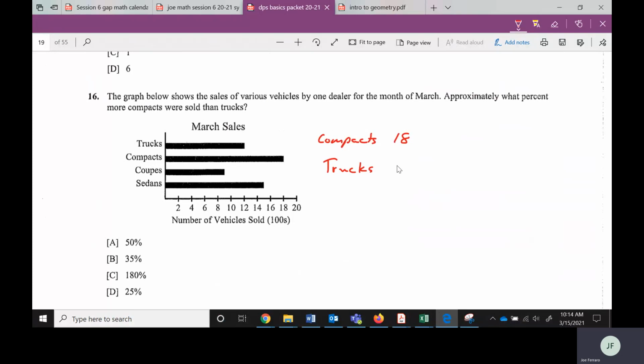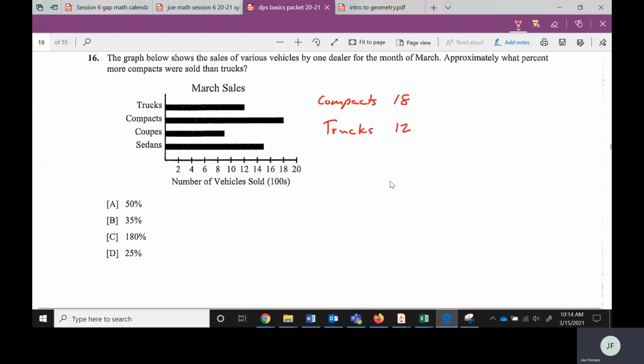So if we just asked how many more, it would be 6, 18 minus 12. They want to know percent more. Okay, so percent more compacts than trucks. Percent change, this was last session. Percent change is the amount of change over the original amount.